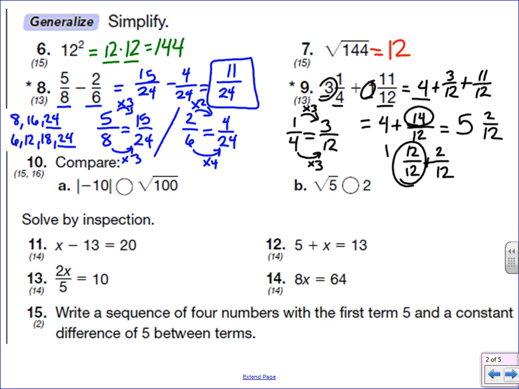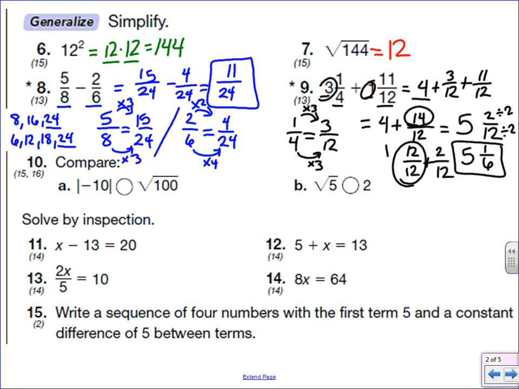And 2/12, since they both have a factor of 2 in it, I can divide 2 by 2, and I can divide 12 by 2, and I end up with 1/6. 2 divided by 2 is 1, 12 divided by 2 is 6. So my final answer, after all that work, is 5 and 1/6.